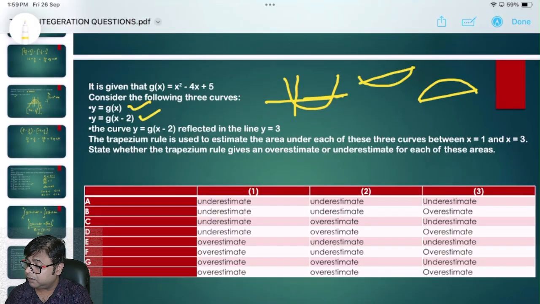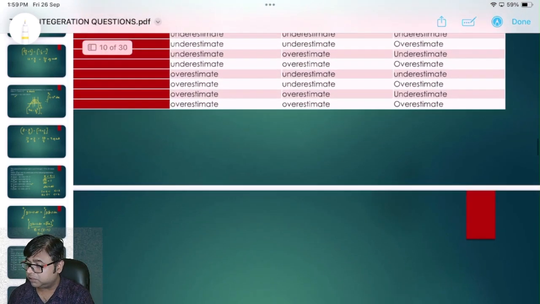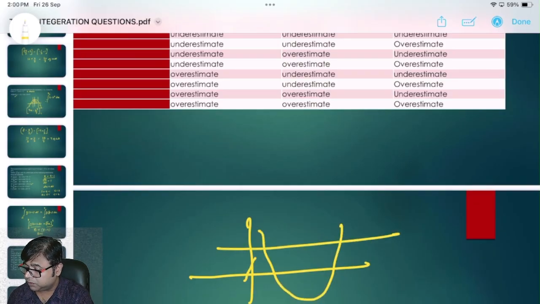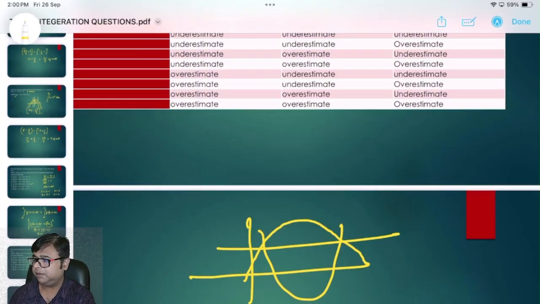But suppose I have this cup-shaped curve, and I have the line y equal to 3. If I reflect it here, it will be like this. Now it is concaving down, and the moment it is concaving down, it will underestimate the area.